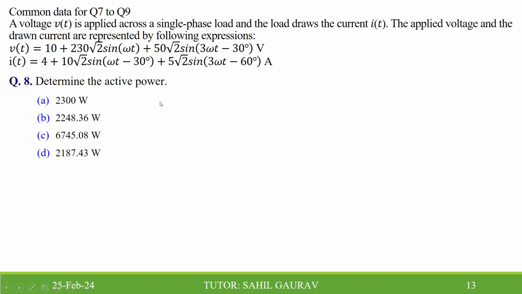Next is to determine the active power. How do we find active power? We take each component with respect to frequency. The average values we take common, and then V1 I1 cos phi 1, and then the third harmonic component V3 I3 cos phi 3.